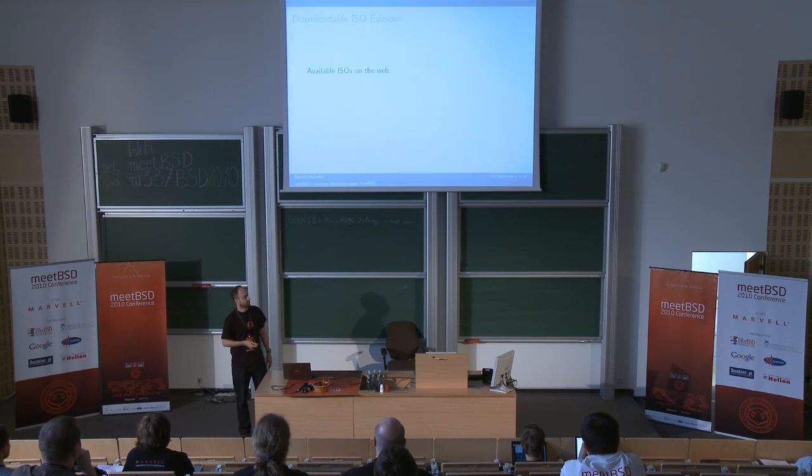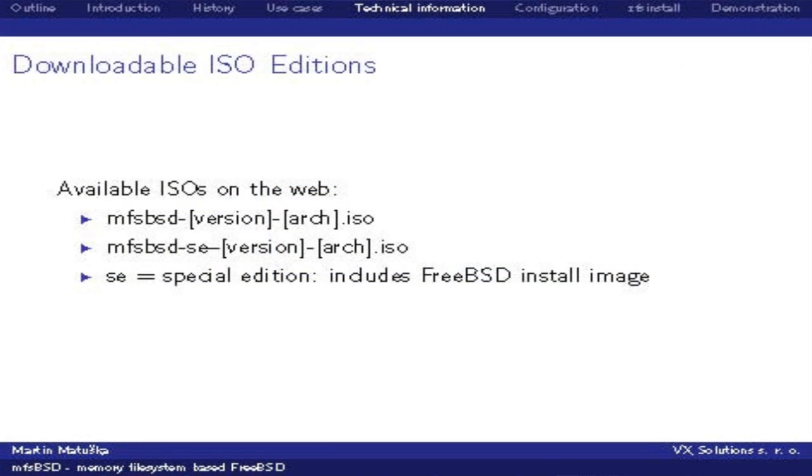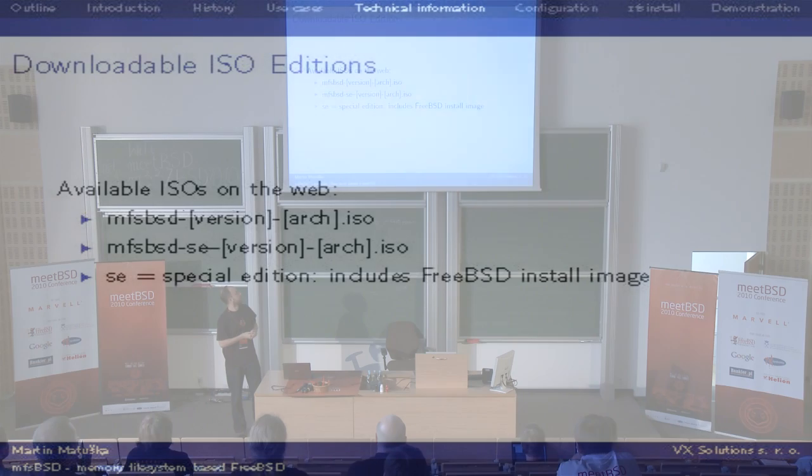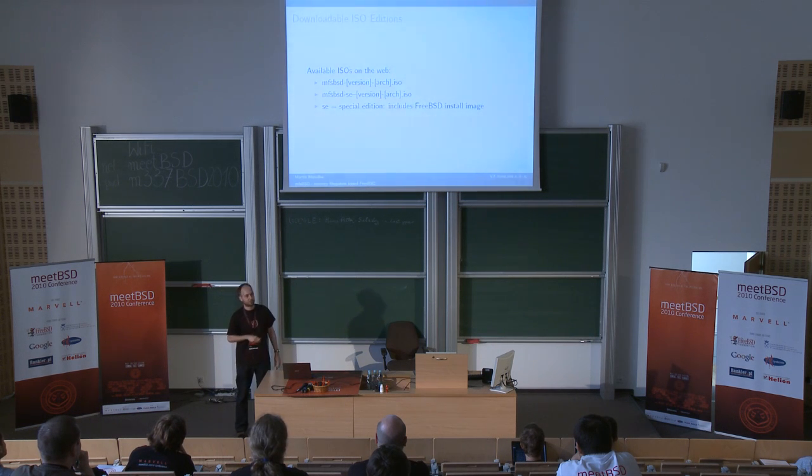As I create ISOs, I'm also offering ISOs on my website so that everyone who wants can download and test them. I have two editions. One of them is the standard one. It's a very small one, like 30 megabytes. The second one is a more interesting one. That's the special edition, and it includes a FreeBSD install world in a compressed file.